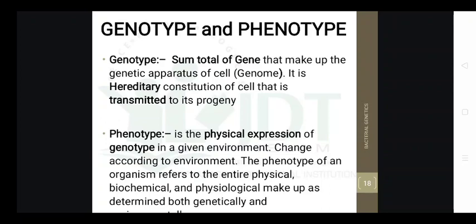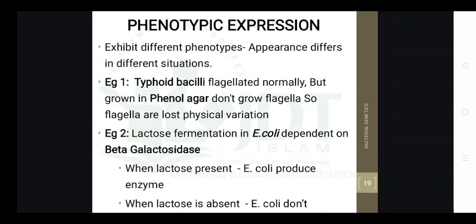So that is the difference between genotype and phenotype. Genotype will not change with the environment and it will transmit to the next progeny. Phenotype is the expression of genes with environment. It will change with the environment and it will not transmit to the next progeny or generation.